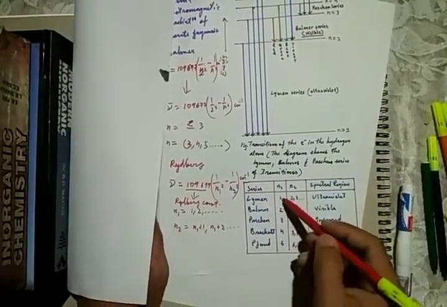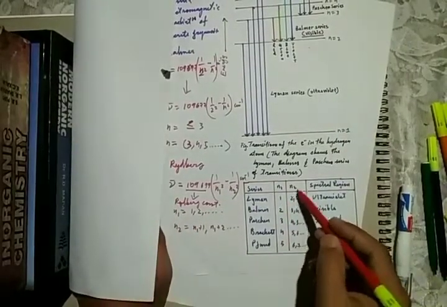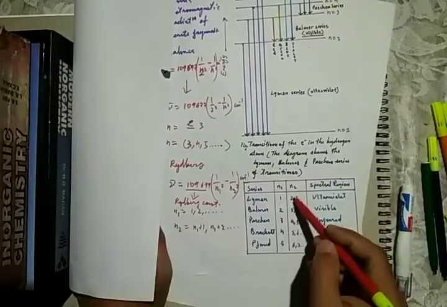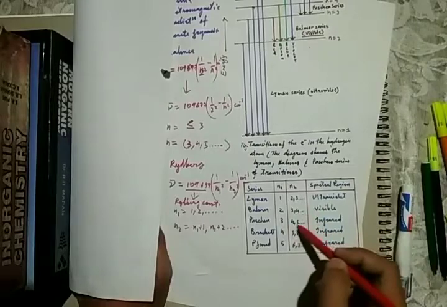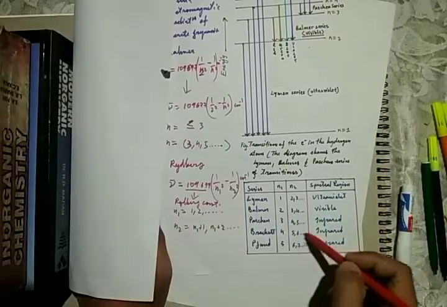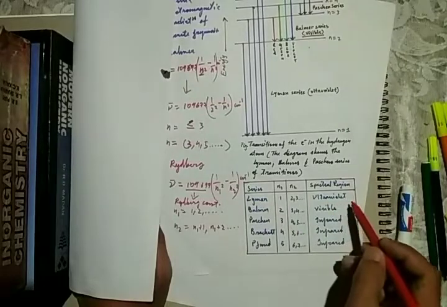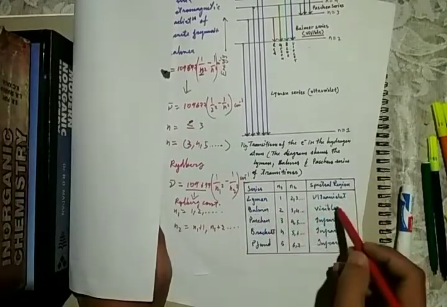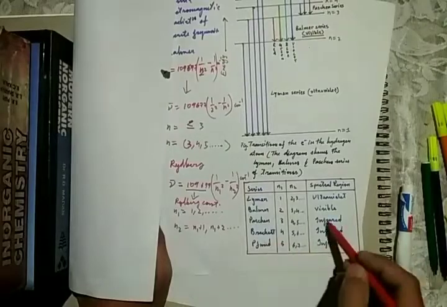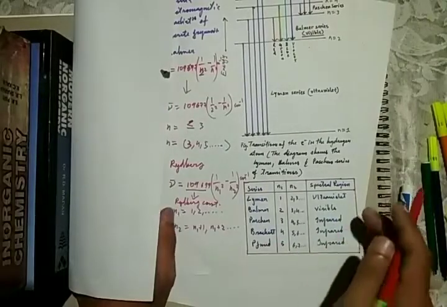Here N1 value is 1, 2, 3. N2 will always be greater than N1, so 2, 3, 3, 4, 5, 6, 7. The Lyman series falls under ultraviolet, Balmer in the visible region, and the rest in the infrared region.